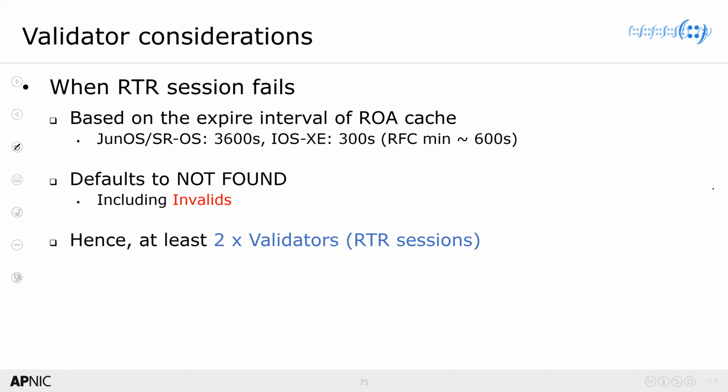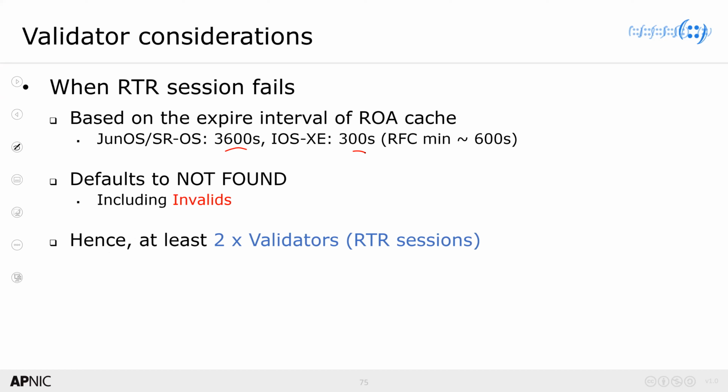Things to also think about is when your router session fails. Based on your defaults, your default knobs, so make sure you always check the default knobs in your routers. 3600 seconds, so what's that, an hour. iOS XE, 5 minutes.